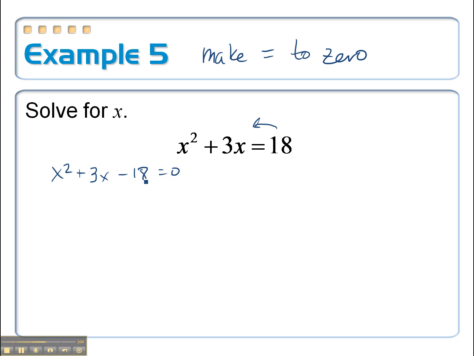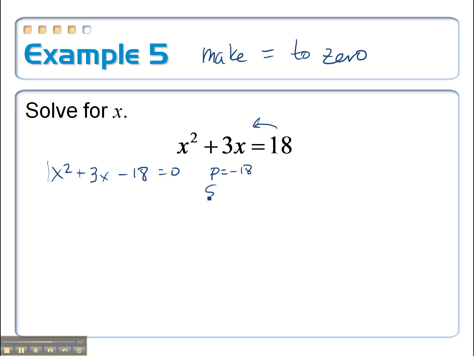To factor it, see the leading coefficient here, this is understood to be a 1. It's like 1x squared. If that's the case, then all you have to do is look at the last term right here, this negative 18, and you're looking for two numbers that multiply up to negative 18. It's a product of negative 18.